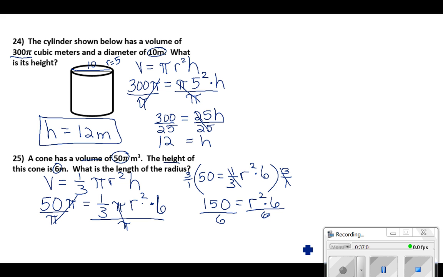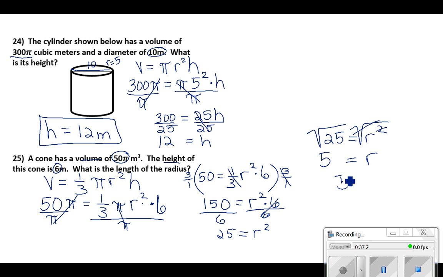When I divide by 6 on both sides, I get 25 equals r squared. But I'm not looking for r squared. I'm actually looking for r. So I'm going to rewrite the problem over here so I can solve it completely. I have to take the square root of both sides. We've done that before. This cancels, so I have r equals 5. So the radius of this cone is going to be 5 meters.